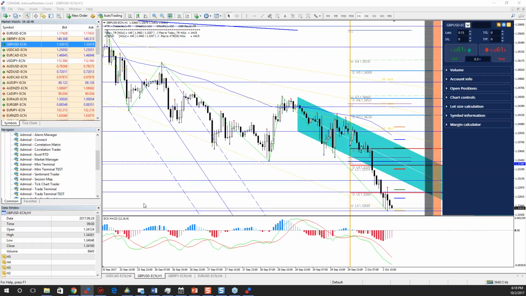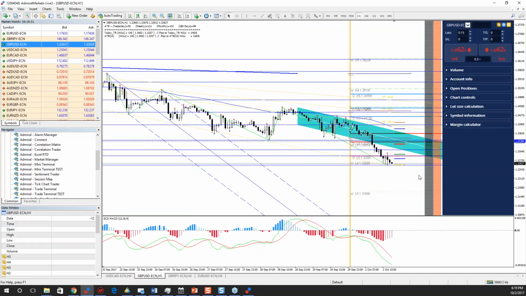But again, if it doesn't happen, there is a possible buy setup. 31.65 is a possible buy setup. 31.20 is the stop loss in that case. And this is how it looks. We need to go lower. So 31.65 is weekly L5.